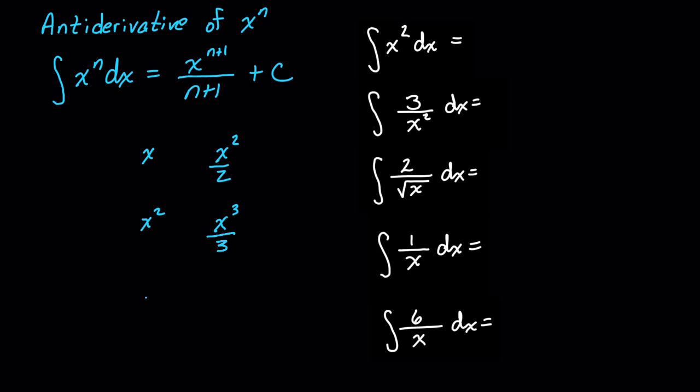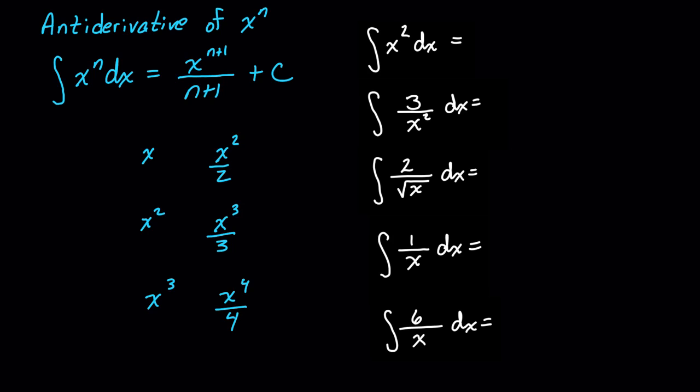All right, let's do one more. If I put a 3 right here, then the antiderivative would need to be an x to the 4th. And when I bring this to the front to take the derivative, that would give me a 4 for a coefficient, but I need a 1. Therefore, I need to put a 1/4 right there, which is the same thing as dividing by 4.